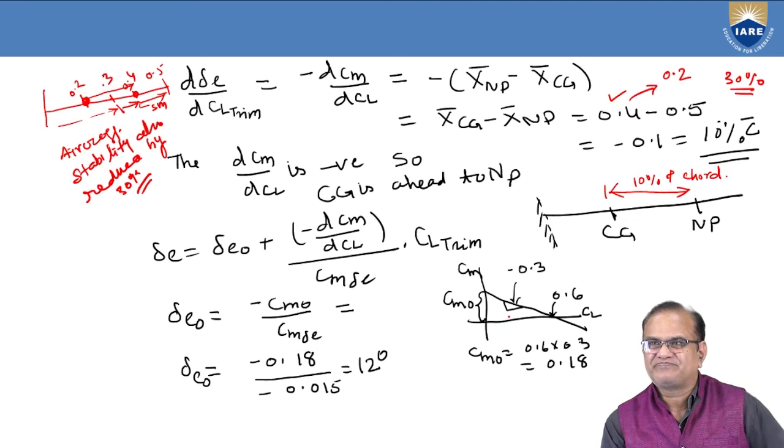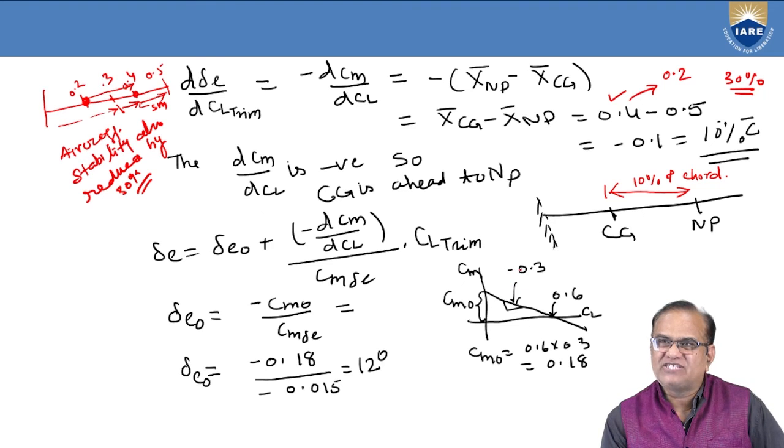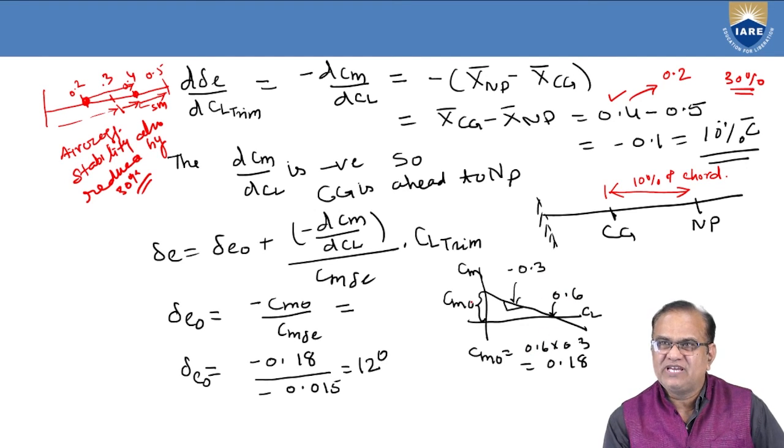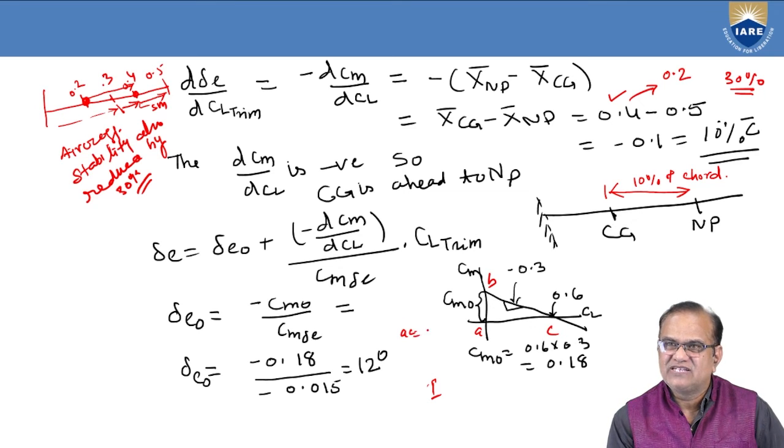This we can see here. Here the slope we have got is minus 0.3, and so this CM naught is how much? This is 0.6, so 0.6 into 0.3. You see this perpendicular is equal to perpendicular, this A, B and C. This AC is given 0.6.